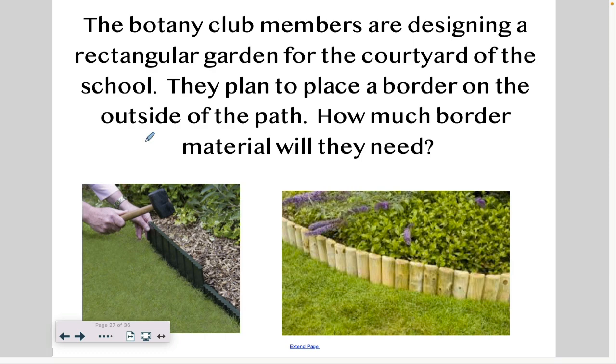Outside of the path. No, it's just outside of the path. Whatever. Yes, it does.